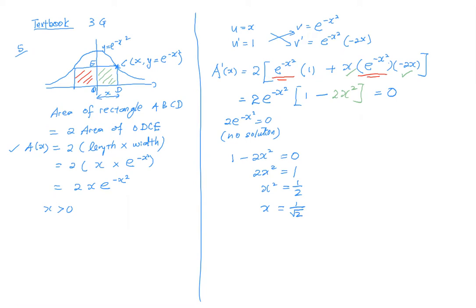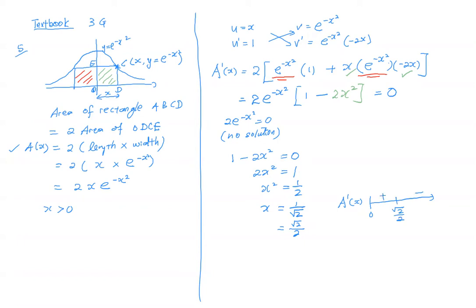Then we have to draw the sign diagram. It's better if you write this as root 2 over 2. Since it's talking about maximum, here will be positive, here will be negative.